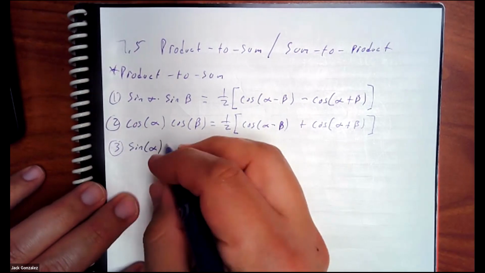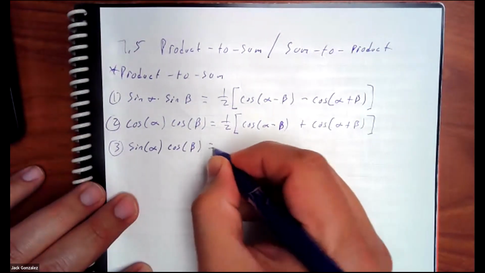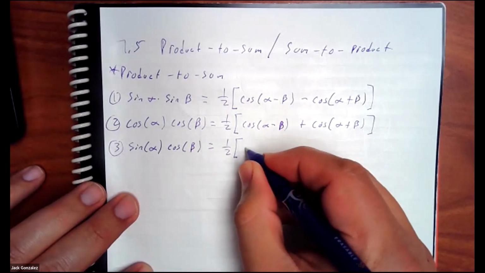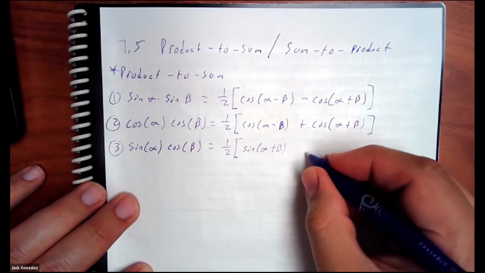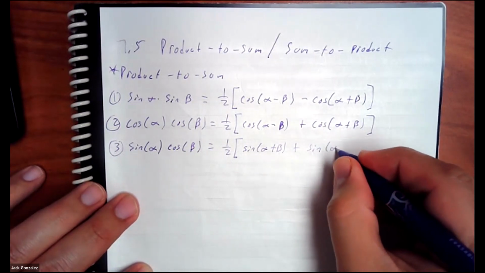Sine alpha cosine beta is equal to 1/2 sine alpha plus beta plus sine alpha minus beta.